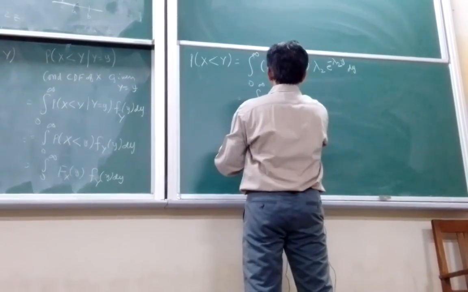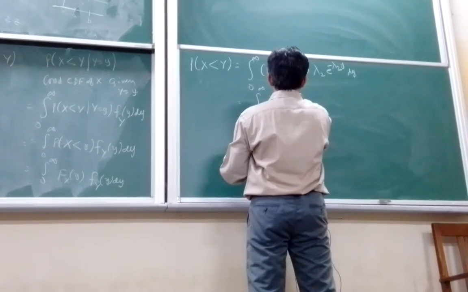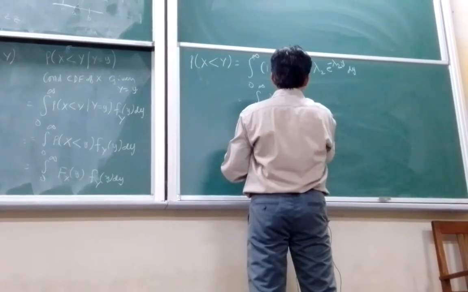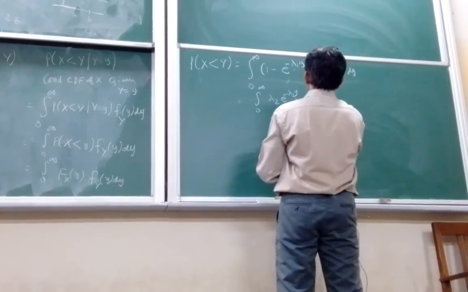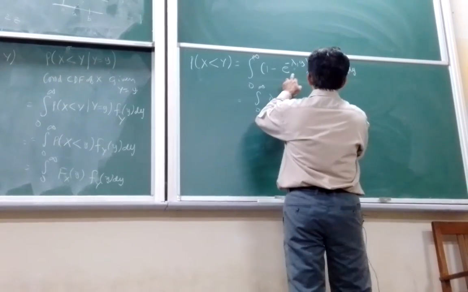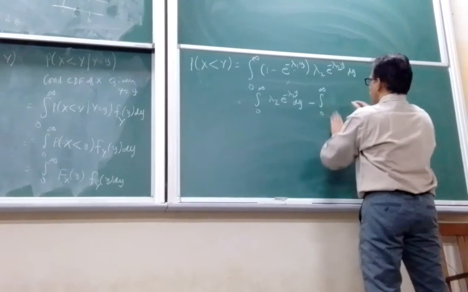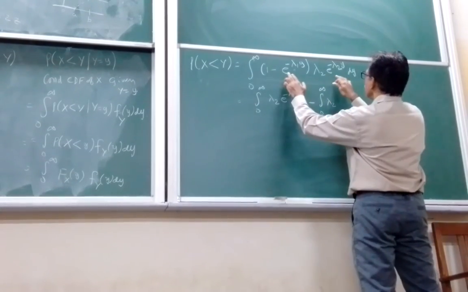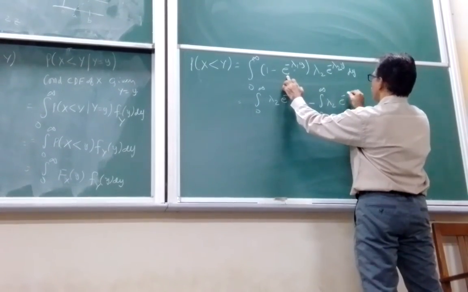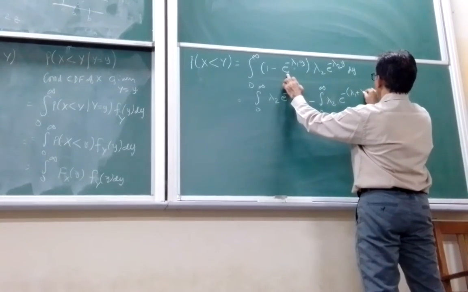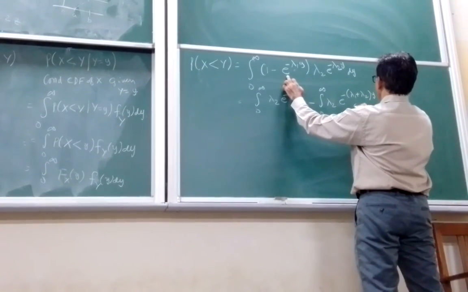So you will get lambda 2 e power of minus lambda 2 y dy times one minus e power of minus lambda 1 y. Of course, lambda 2 you will take out. These two factors give e power of minus (lambda 1 plus lambda 2) into y into dy.